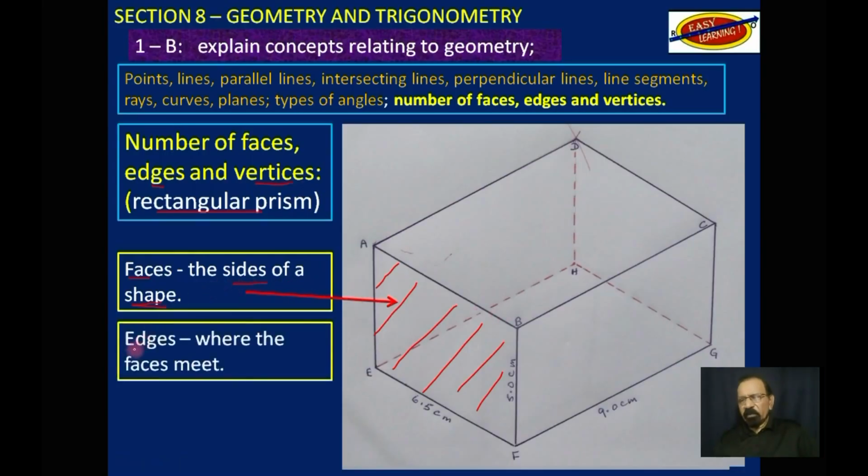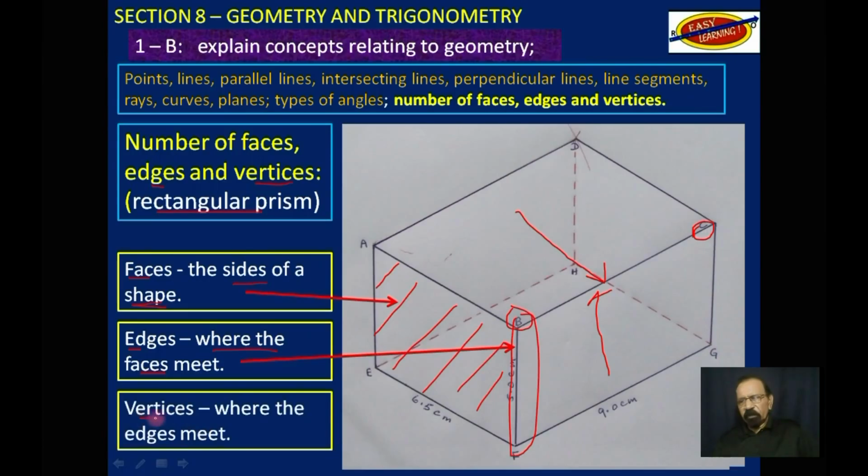What do we mean by edges? Where the faces meet. For example, you may see that that top face meets this front face here along BC. That line. That would be an edge. And of course, this here will be another edge, BF, where 2 faces meet.